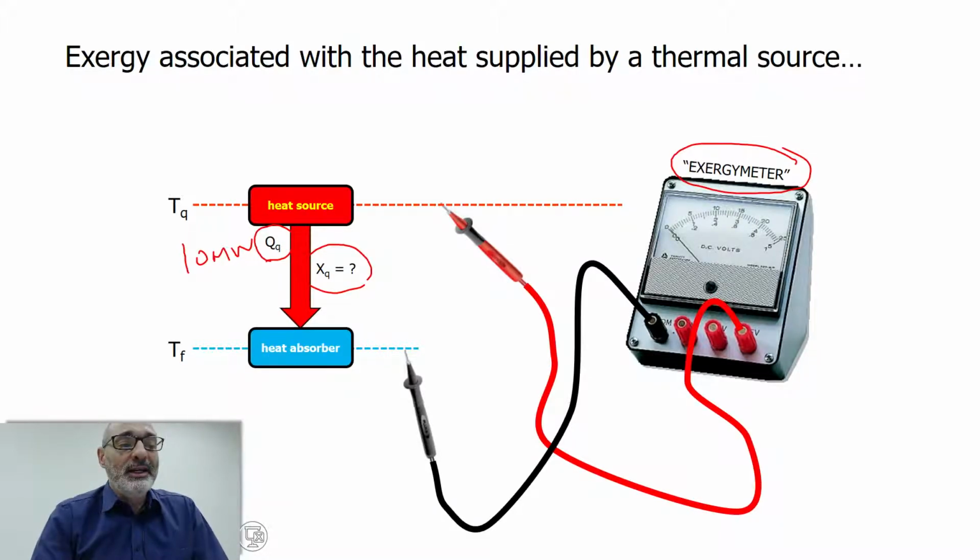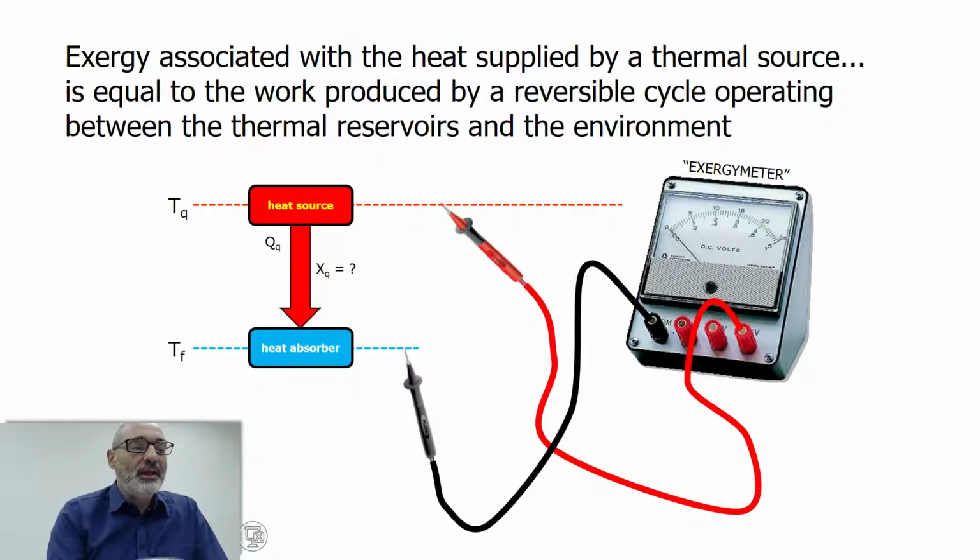We can measure this amount by thinking about the definition that I just showed you. This amount of exergy is equal to the work produced by a reversible cycle operating between the thermal reservoir and the environment. So our exergy meter corresponds to using this heat obtained from the heat source to drive a reversible cycle, a Carnot cycle or a Stirling cycle, for instance.